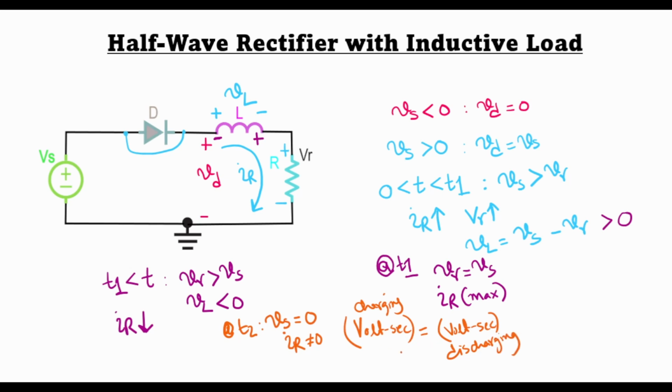So once this condition arrives, the current will go to 0 and this circuit will go into reverse bias where the diode will have a negative voltage across it.